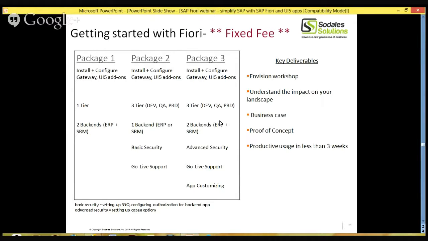If you just have one backend, which is most of our clients are looking for, then we can give you a separate package for that as well. What we're noticing is that it's becoming highly popular when you're doing a new implementation, because that's where you're saving the change management cost. So that's another thing about this whole use of Fiori.